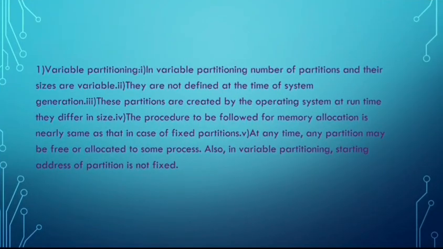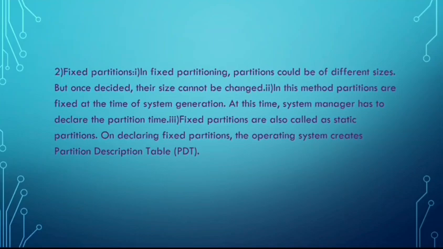First, variable partitioning, in which the main memory is not divided into partitions in advance and the process is allocated a chunk of free memory that is big enough for it to fit. Like the first process of 130K, the second process of 250K, the third process of 100K and the fourth of 115K. The second is fixed partitioning.